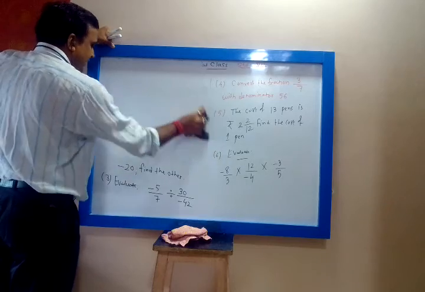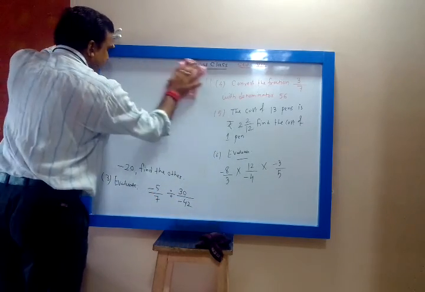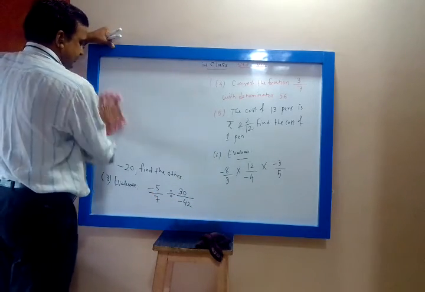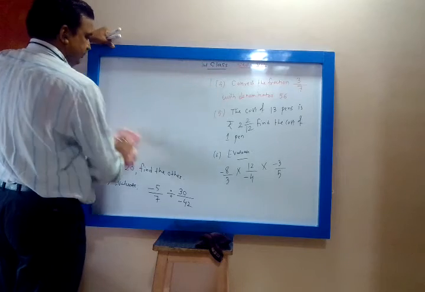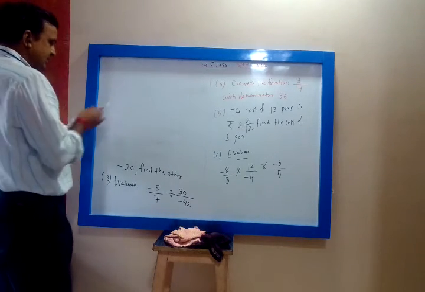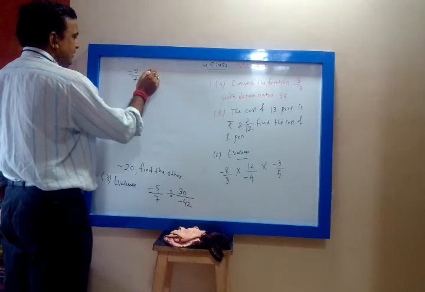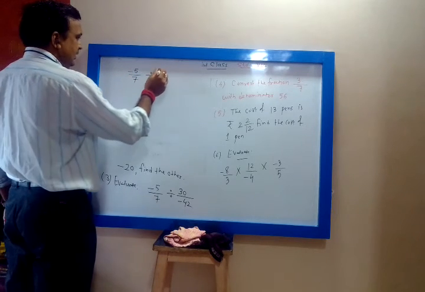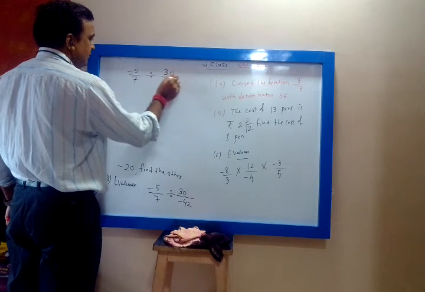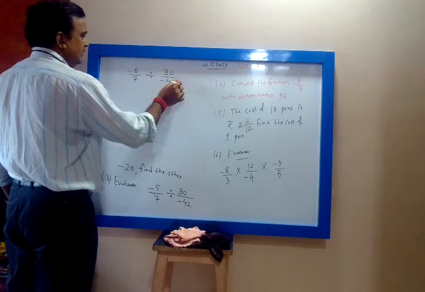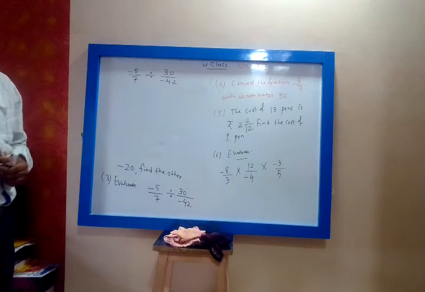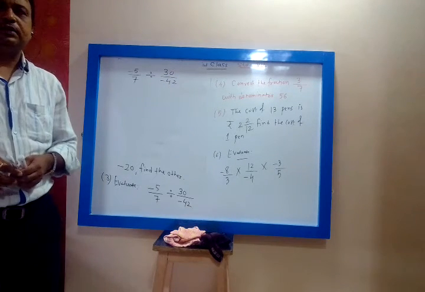Okay, let us see how it has come. Minus 5 by 7 divided by 30 upon minus 42. So this is division of two rational numbers.